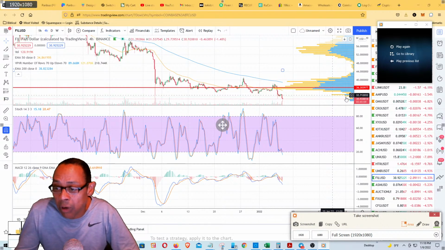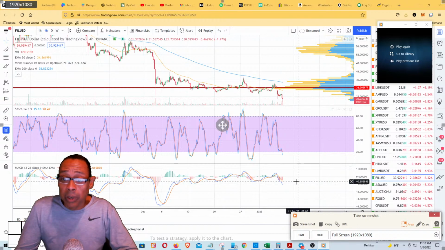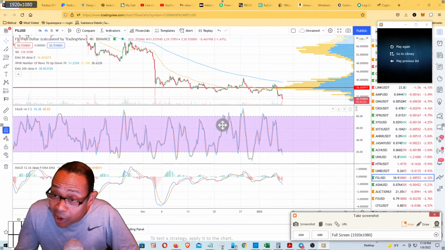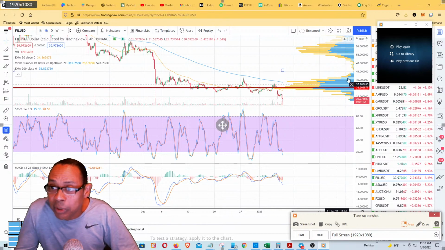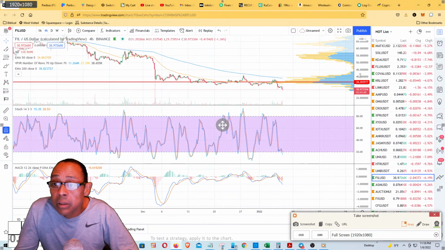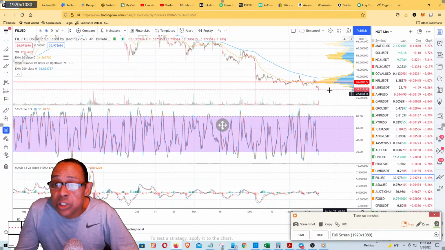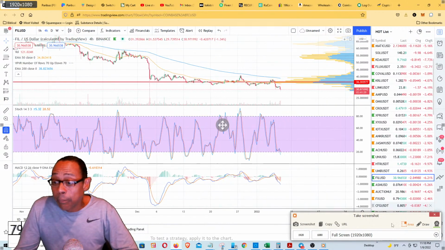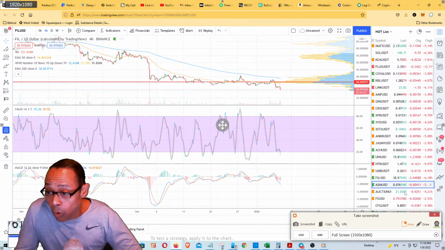So I'm DCAing right now, but Filecoin ain't going nowhere. It's looking good, man. This crossover right there is going to go on down. We might hit this node over below that node. Hang on. Okay, there's not much left below where we're at. If it goes below this, man, look for the dollar days. We might get back to like $25, which would be great. If it does that, I'm picking up an extra job at McDonald's so I can get more.